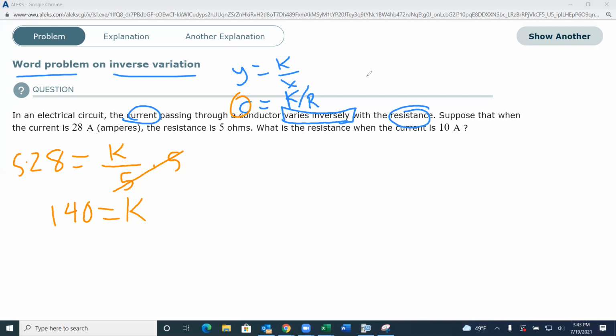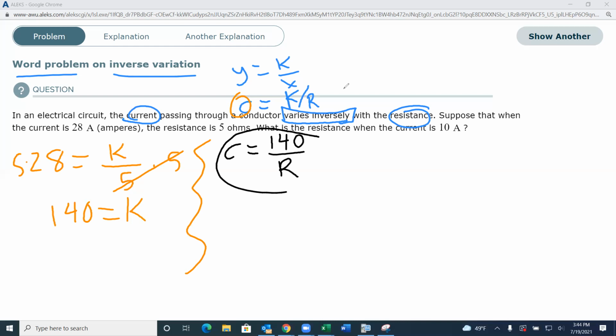Cool. And so that tells me that my equation is C equals 140 divided by R. So there, we figured out for this circuit what the constant of variation K is.